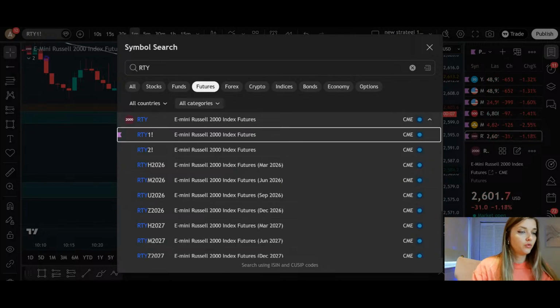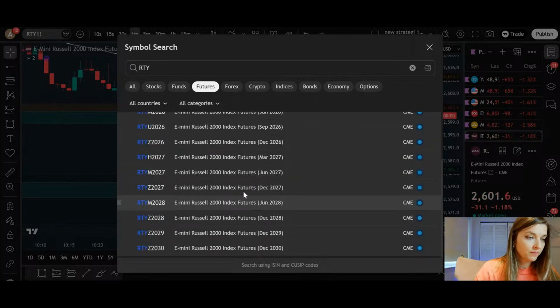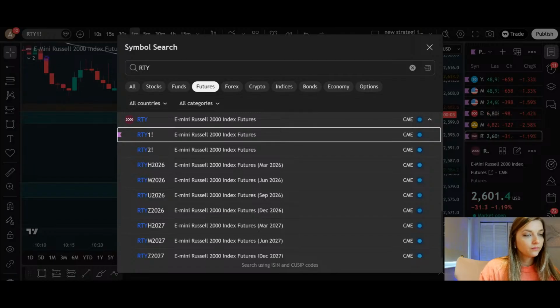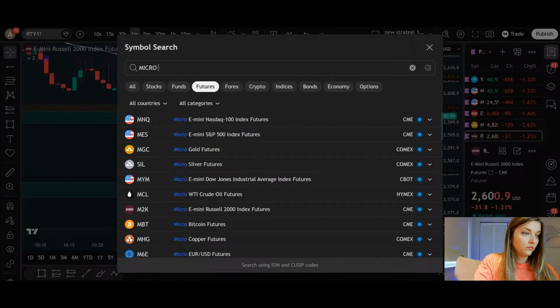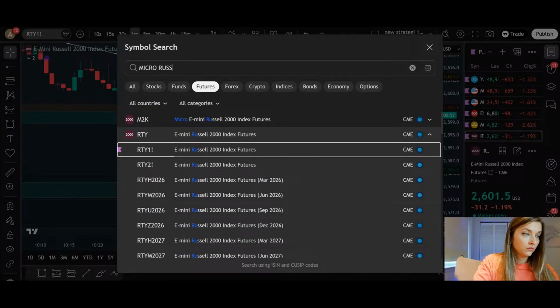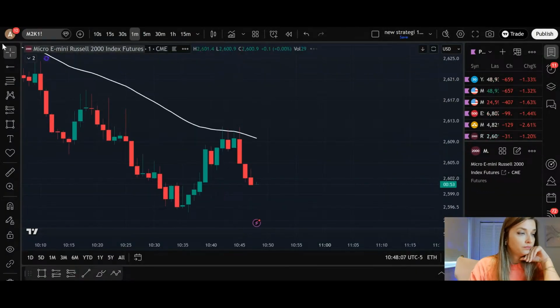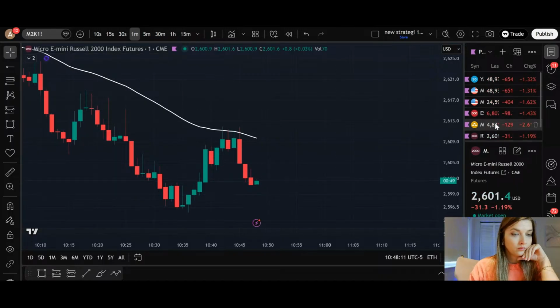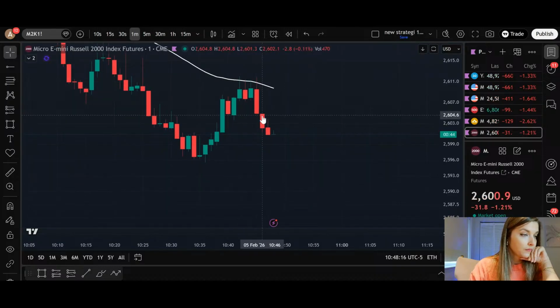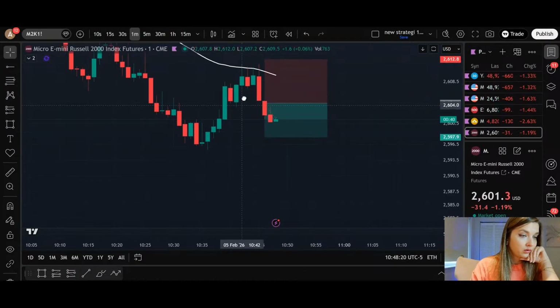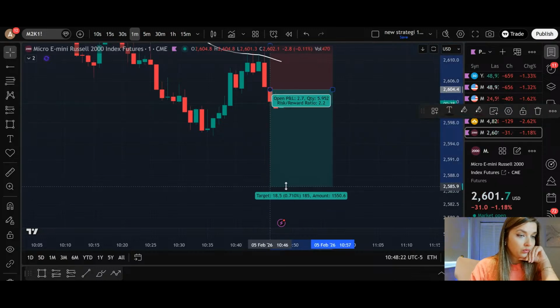You guys don't know if the Russell has the micro, just mini? Micro here. Okay, so this will be the entry.